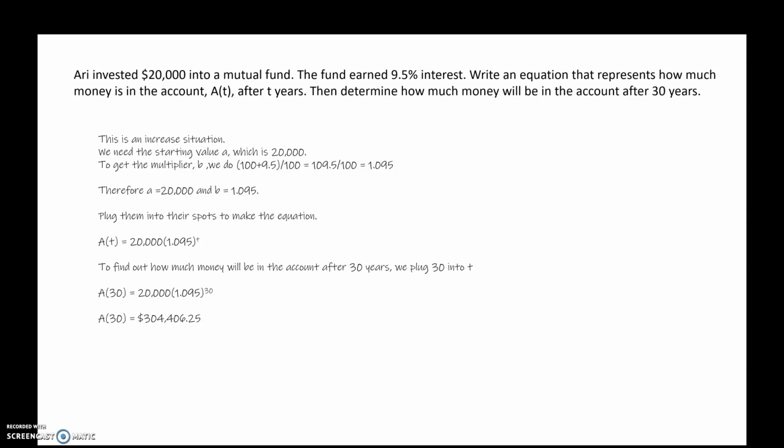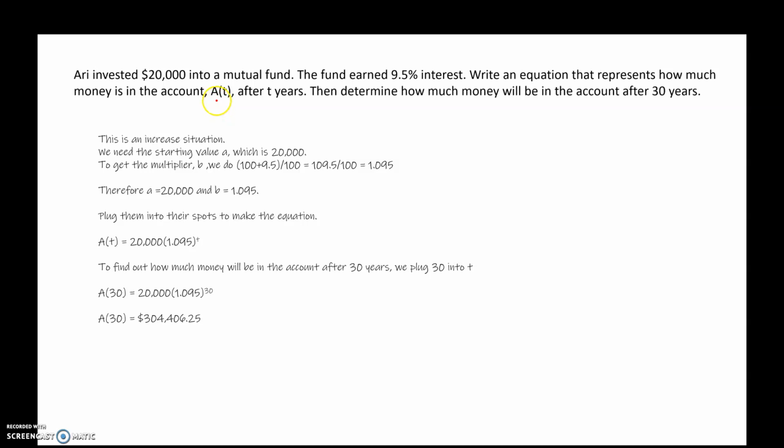All right, so look, guys, this is a realistic situation. You're putting some money into an account. It earns 9.5% interest. So what we're asking is to make an equation that represents how much money is in the account, A(t), after t years. So we're not using x and y.